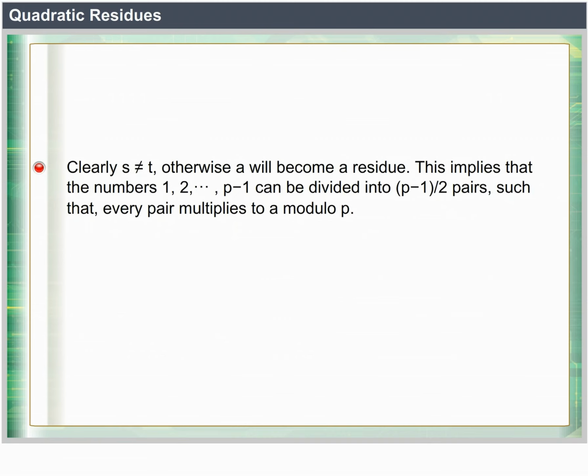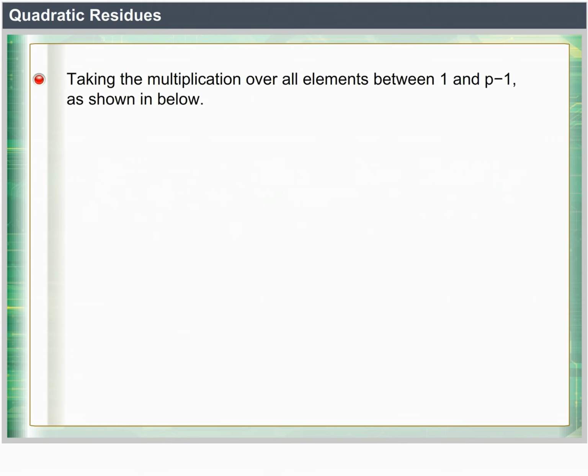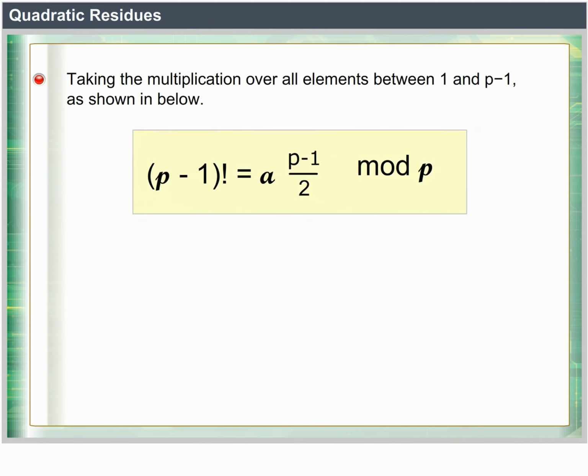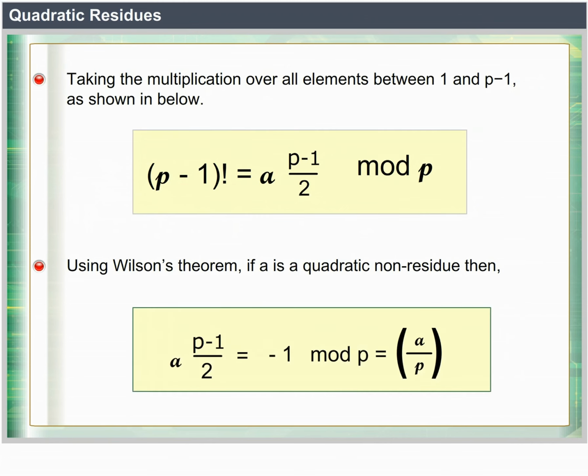This implies that the numbers 1 up to P minus 1 can be divided into (P minus 1)/2 pairs such that every pair multiplies to A modulo P. Taking the multiplication over all elements between 1 and P minus 1 is shown below. Using Wilson's theorem, if A is a quadratic non-residue, then A power (P minus 1)/2 equals minus 1 mod P, which equals (A/P).